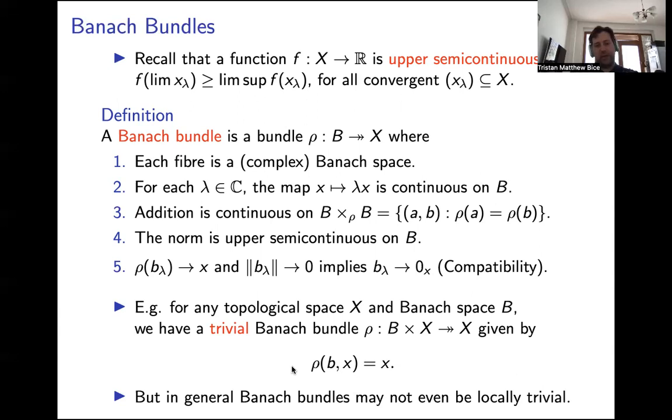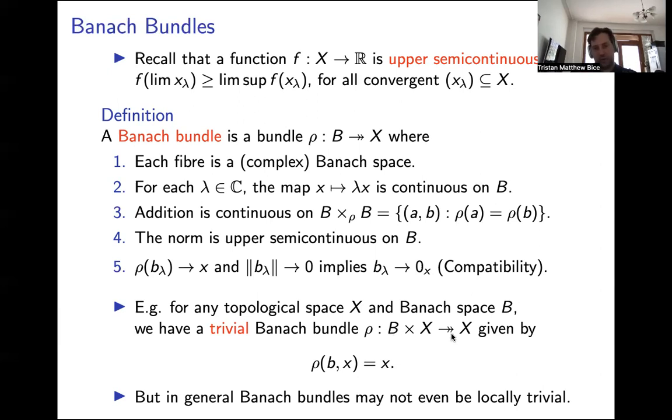And you can probably guess what the corresponding local version would be. A bundle is locally trivial if I can cover the base space with open neighborhoods such that when I restrict my bundle map rho to fibers within that open set, it is isomorphic to a trivial bundle of this form.